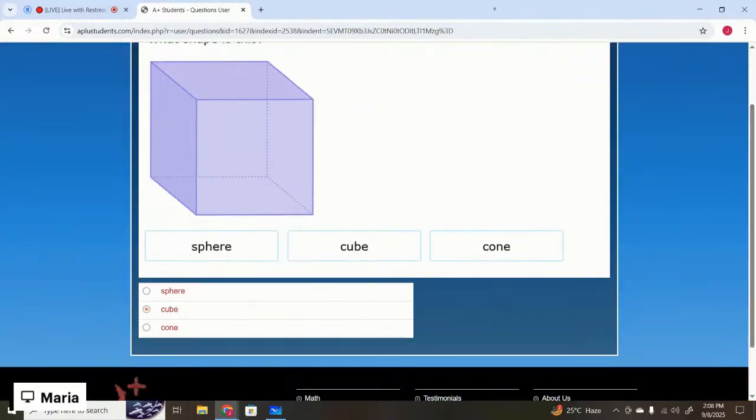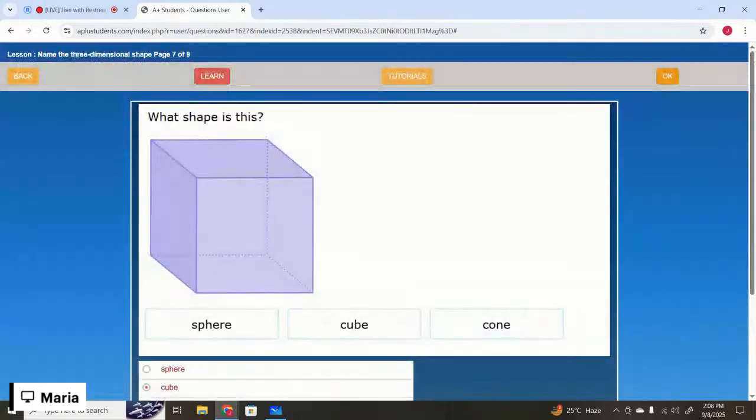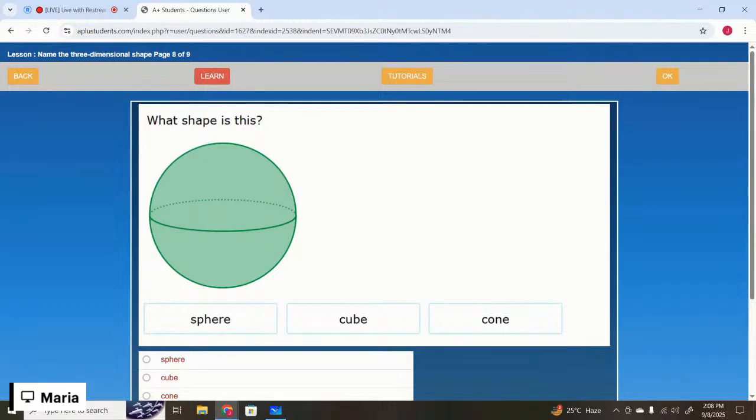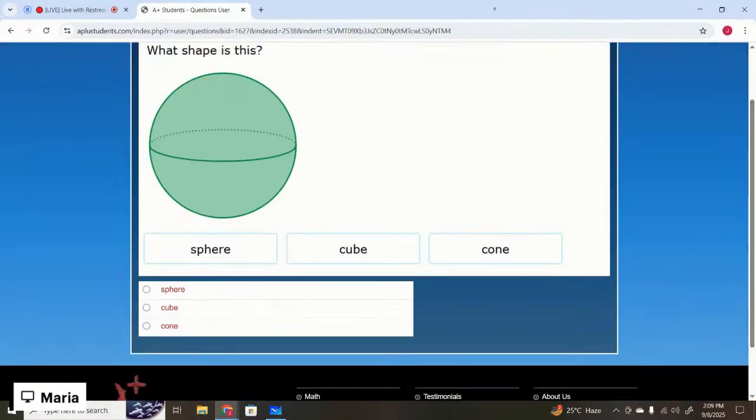Option number two is the correct option. What shape is this? This is the sphere.